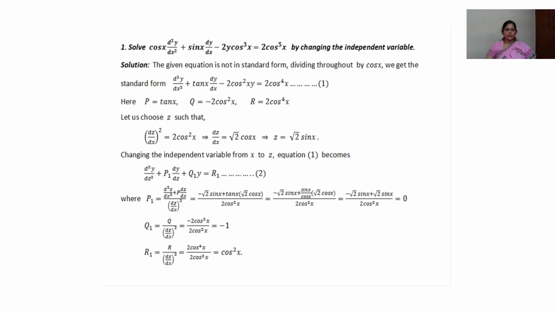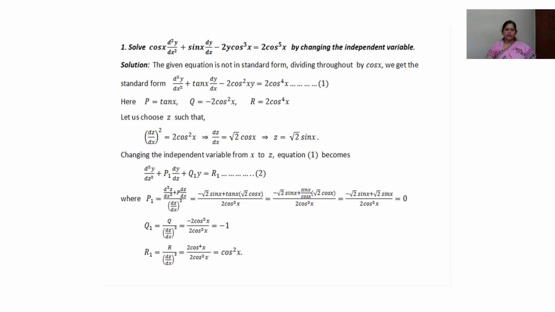Now we are going to simplify with the values, p1 first. What is our first term? d²z/dx² is there. If you differentiate dz/dx with respect to x, we get d²z/dx². So we will get minus root 2 into sin x, plus the p value tan x times dz/dx, which is root 2 into cos x.